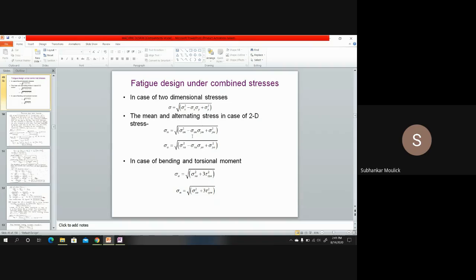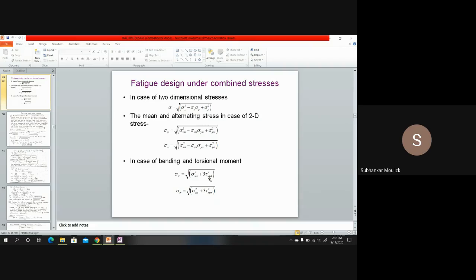And alternating stress is given by sigma alternating equal to under root sigma x alternating square minus sigma x alternating into sigma y alternating plus sigma y alternating square. And if bending and torsional moment is occurring in any problem, then sigma a is given by under root sigma x a square plus 3 times tau x y a square.